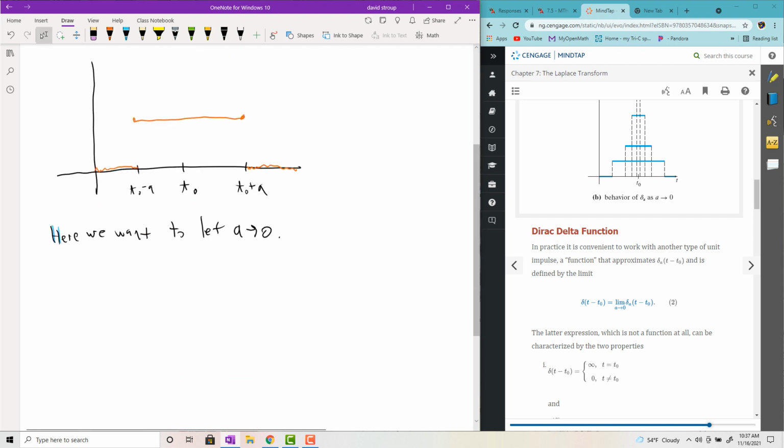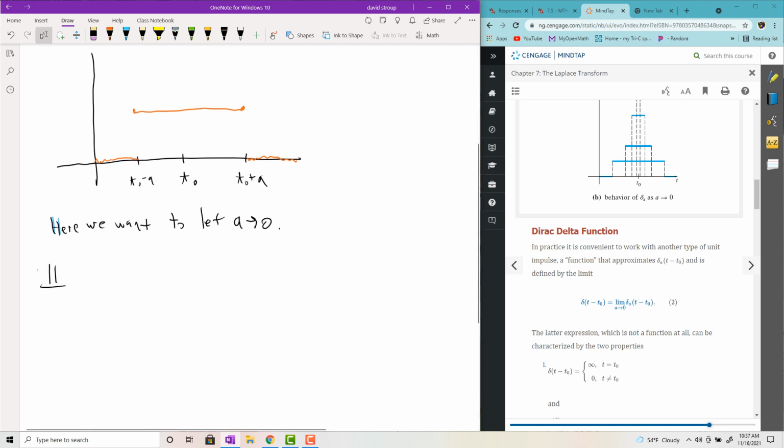Section 2 then. The Dirac delta function is defined just like above. We're obtaining it by letting a go to 0 in this impulse function that we've defined.